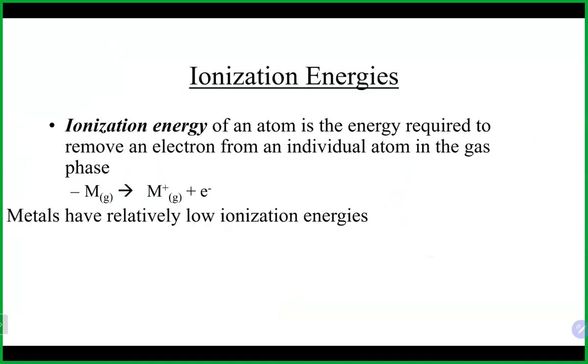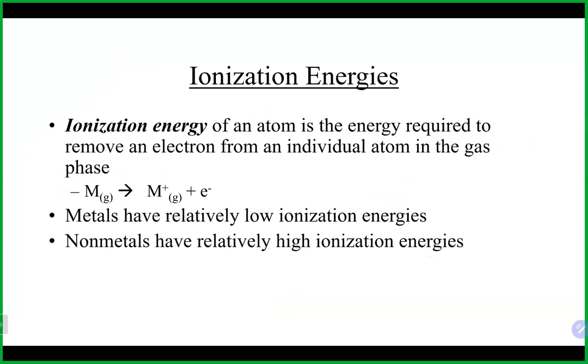Now, ionization energy, as you may remember, is the energy that's required to remove an electron from the gas phase of an atom. And when it is lost, it's on the product side of an equation. The result of losing electrons is that we become positively charged. We think about ionization energy for our cations.